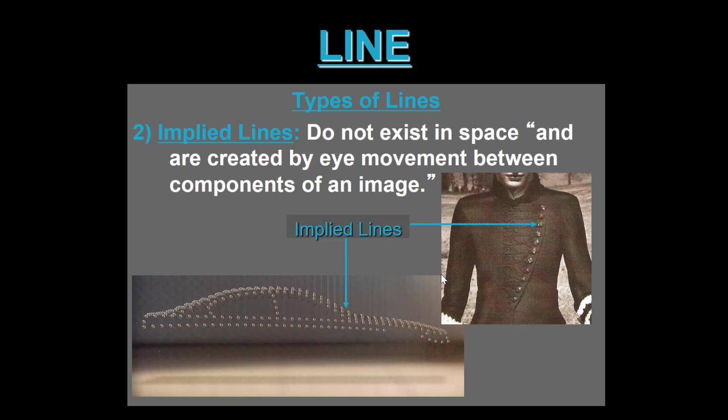Implied lines, on the other hand, do not exist completely in space. So they're not one solid line. You can think of these lines as sort of dash lines, or ones where we're trying to move our eye by implying that there is a whole length there.